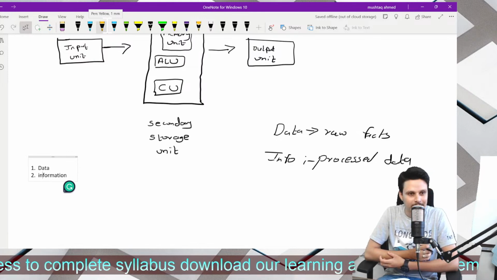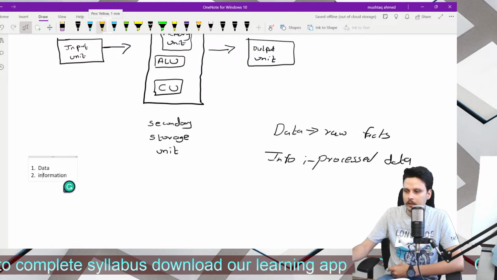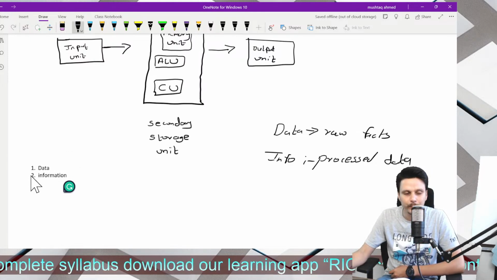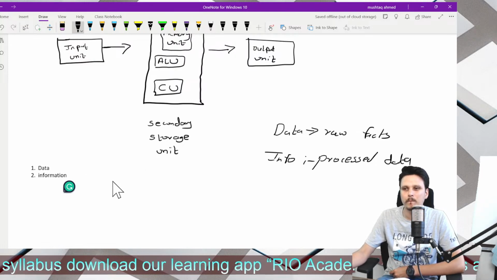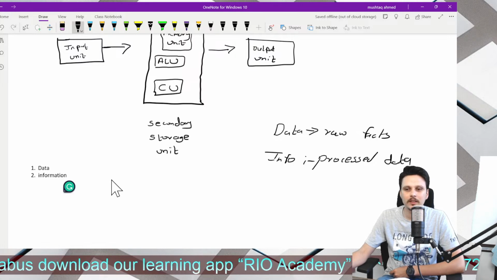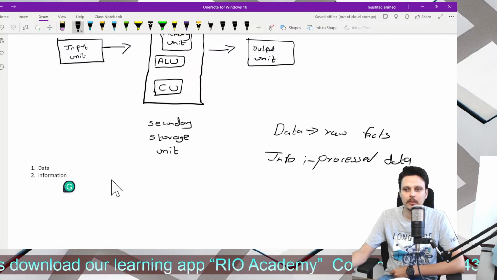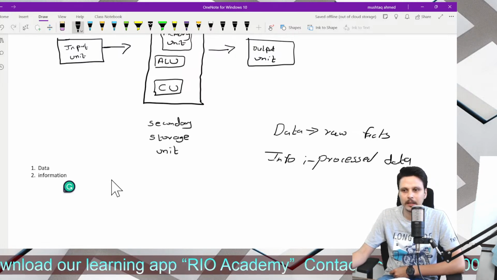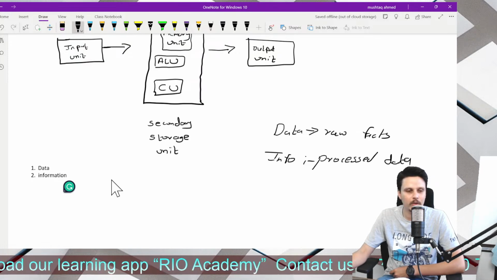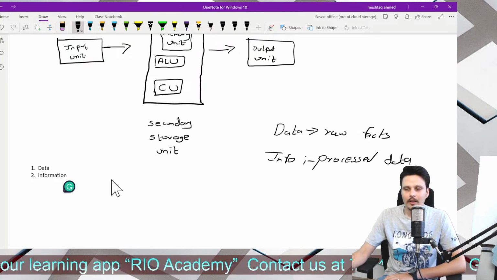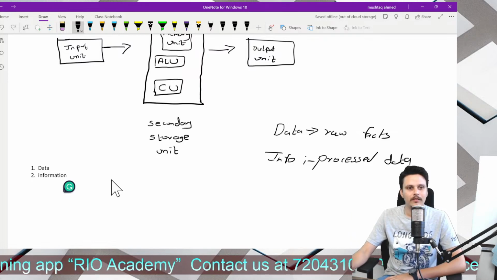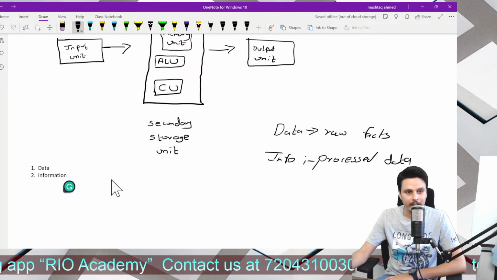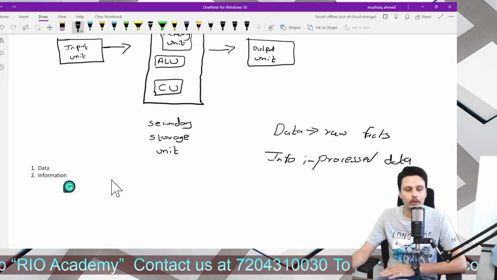Let me give one example. If you search something in Google, for example, a famous celebrity like Amitabh Bachchan, whatever data is displayed on the screen related to that celebrity will be raw facts.